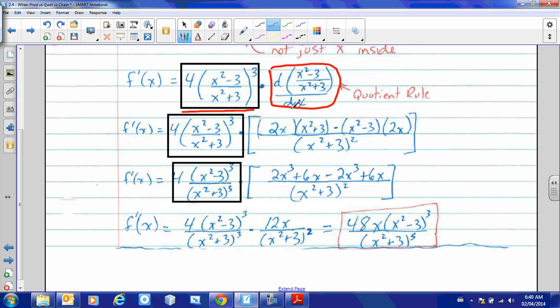So I have a quotient rule over here, and oh yeah, by the way, there's something in this box that I have to worry about as well. So the derivative here is take the derivative of the numerator, which is just 2x, leave the denominator alone, subtract, numerator is left alone, derivative of the denominator, denominator squared. Okay, so just this section here becomes this section here.